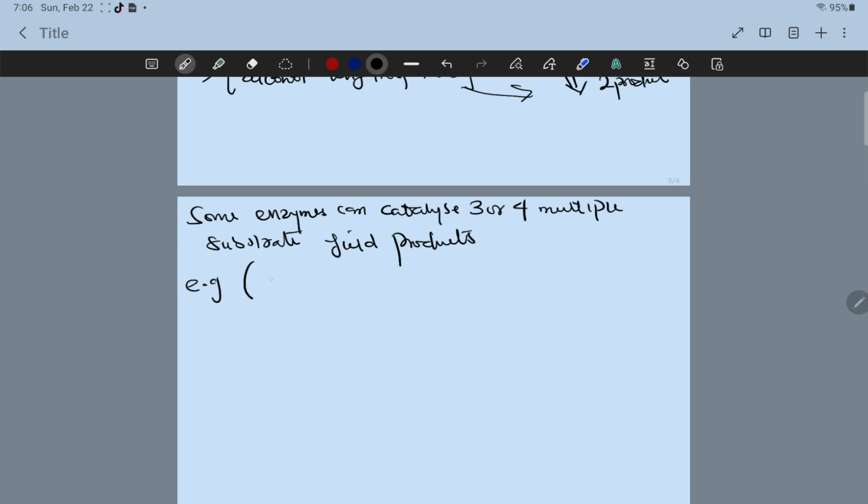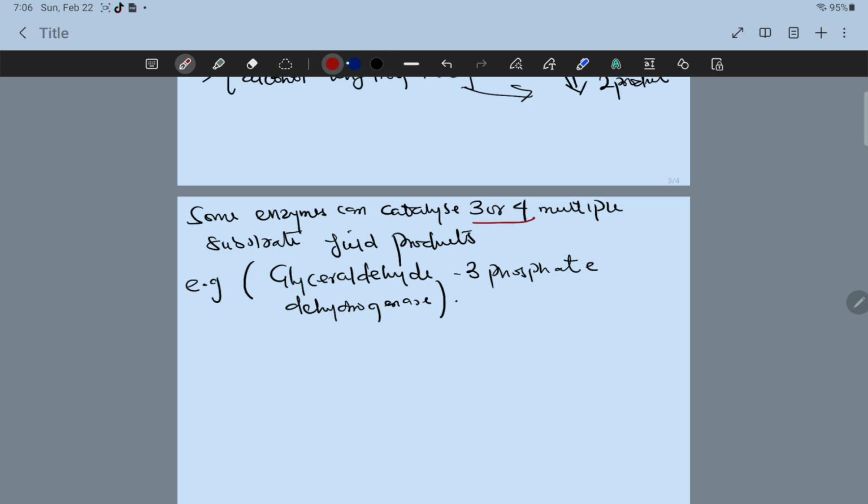An example of that is what we call glyceraldehyde 3-phosphate dehydrogenase. This is a very interesting example of an enzyme that can catalyze 3 or 4 multiple substrates and yield product at the same time.